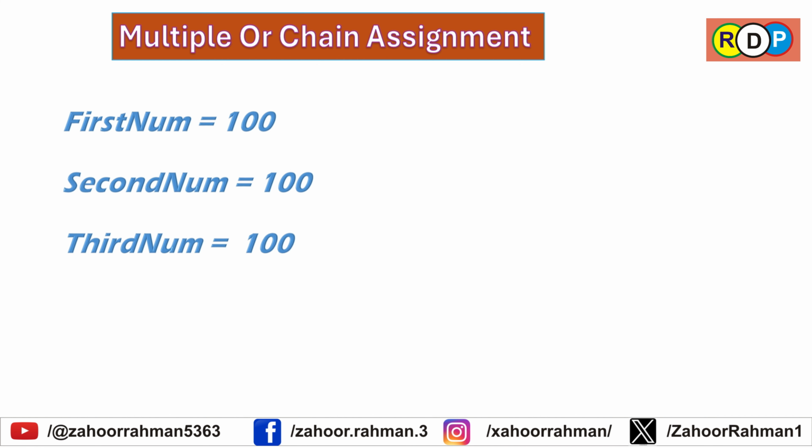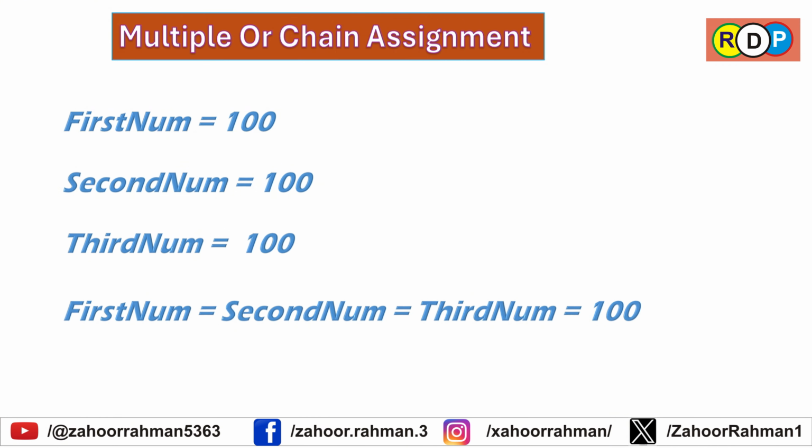One thing is common, all of them are integer variables and all of them are having 100 as a value. So instead of writing three different lines, you can write all these things in a single line like this. First num is equal to second num is equal to third num is equal to 100.